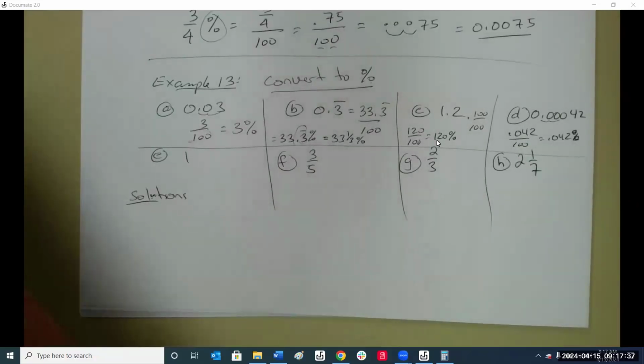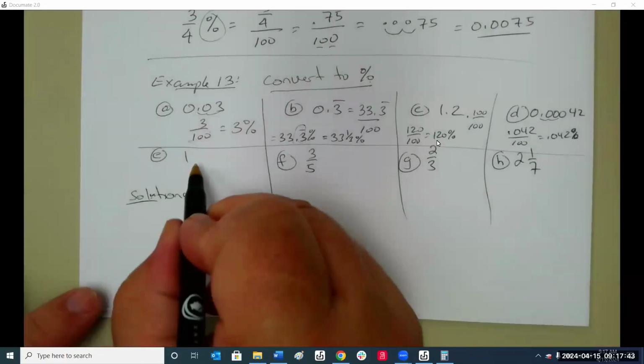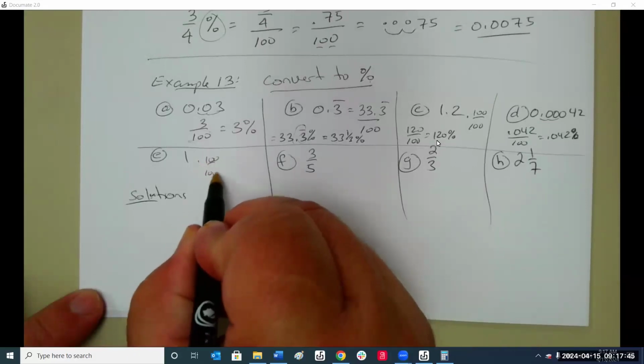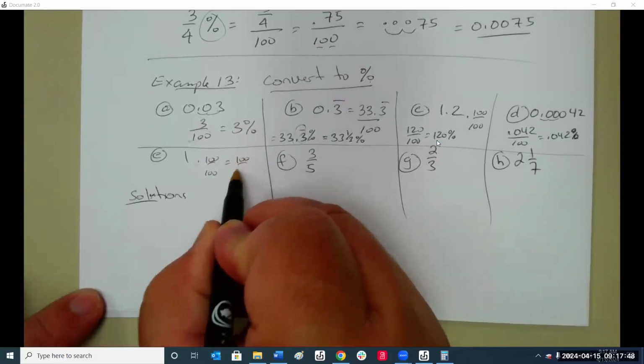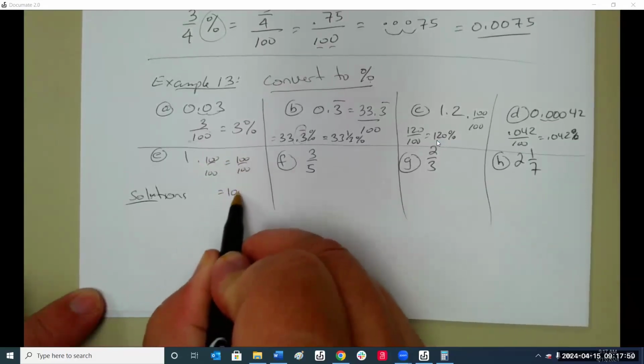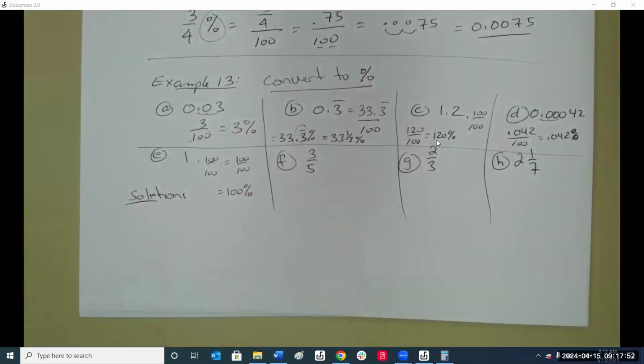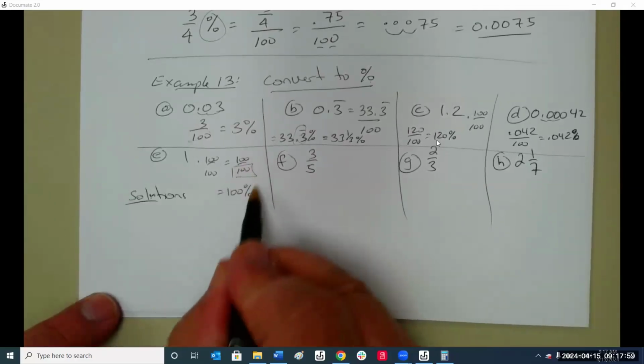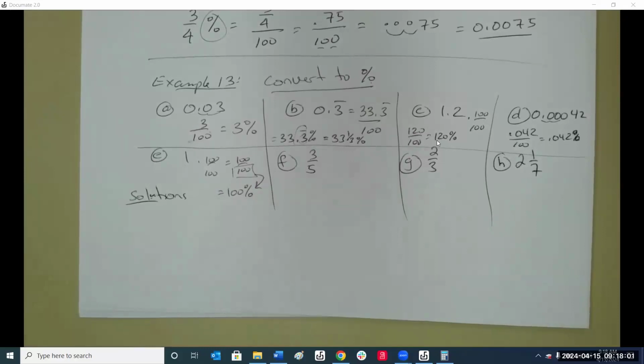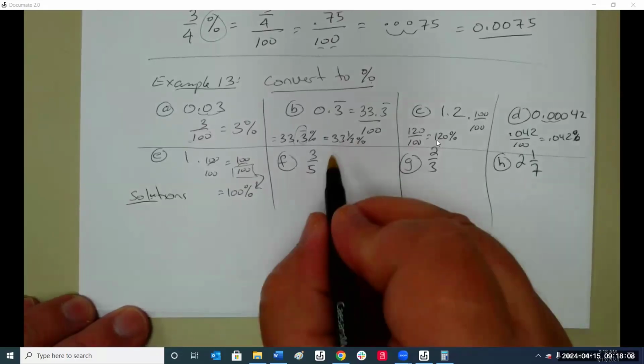The number 1, multiply top and bottom by 100. So it's 100/100, which is 100%. As soon as you have 100 on the bottom, that's where that symbol comes in. How about this one?